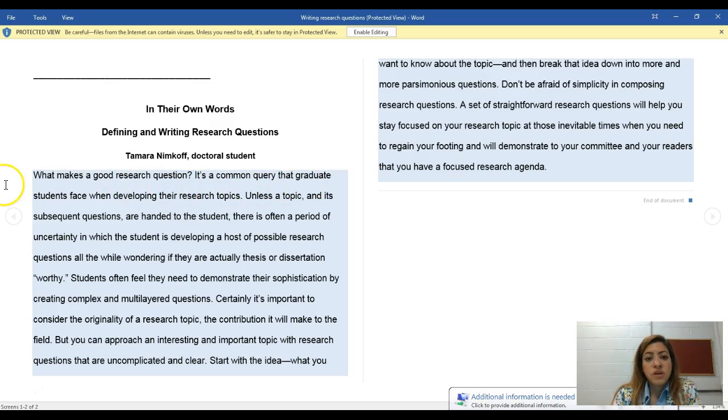It's a common query that graduate students face when developing their research topics. Unless a topic and its subsequent questions are handed to the student, there is often a period of uncertainty, and I had many students struggle in this phase and stay there forever because of what we call, as educators, reinventing the wheel.